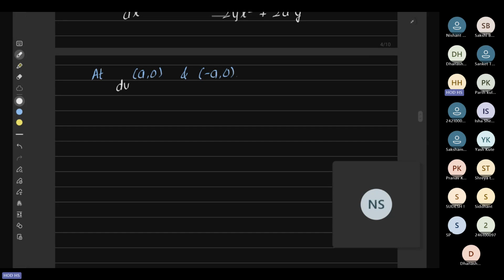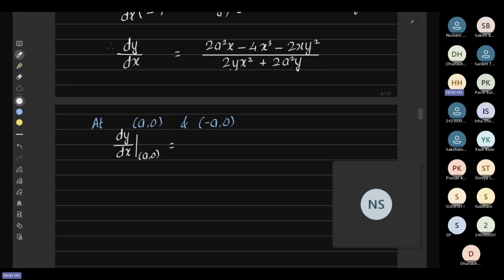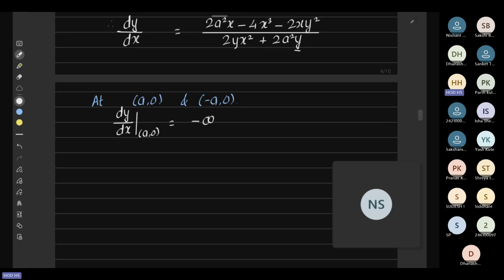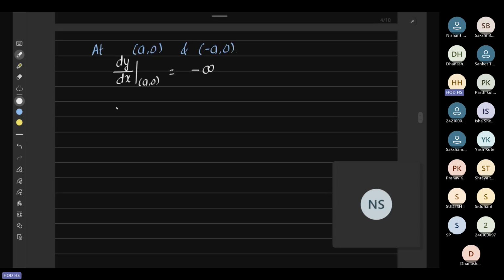So dy/dx at (a, 0) is given by, notice that there is a y sitting here, so denominator will be definitely 0, and if I substitute the a, this term will get cancelled, so this will be 2a³ minus 4a³, which is minus infinity, and dy/dx at (minus a, 0), just verify that this will be plus infinity.